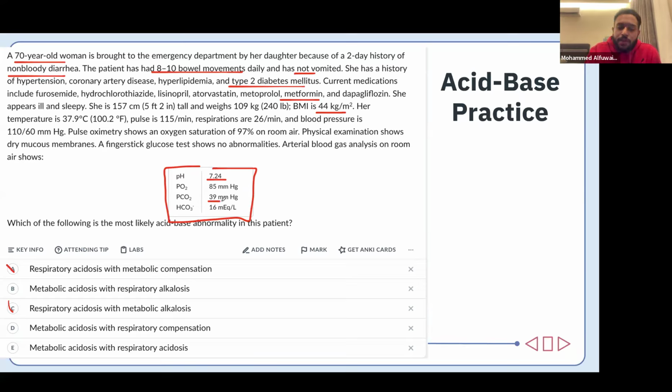In this case, the PCO2 is higher, so respiratory acidosis. What's the answer here? E. E is the answer. Do you know why this is happening to this patient?